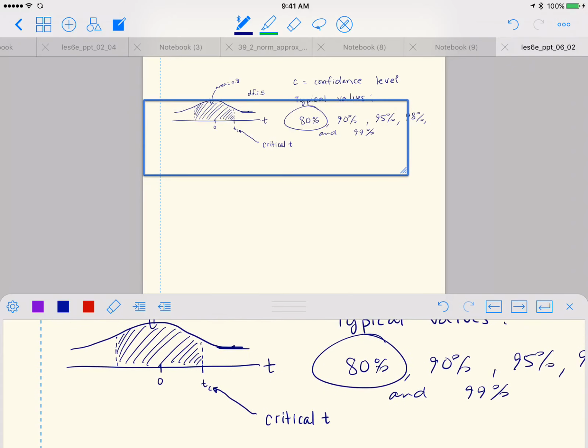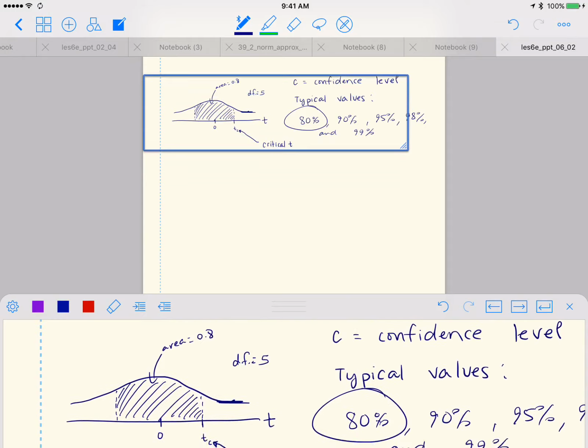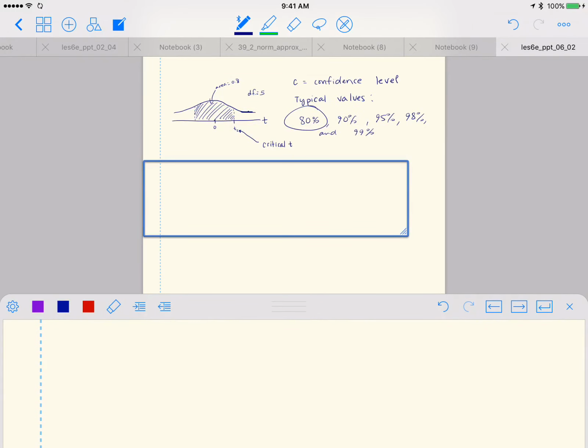Right? Now, how do I find critical T? It's very similar to how we found it before. Now I'm just going to give the instructions for if you have a TI-84, because remember there will be no tables or charts on the exam.